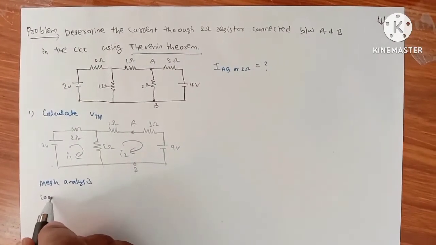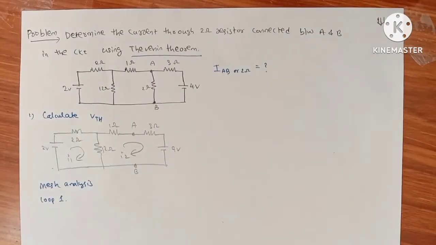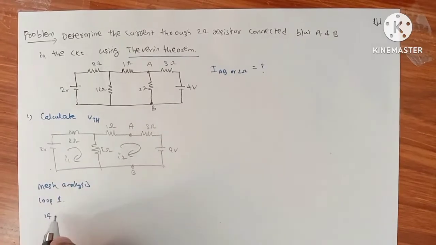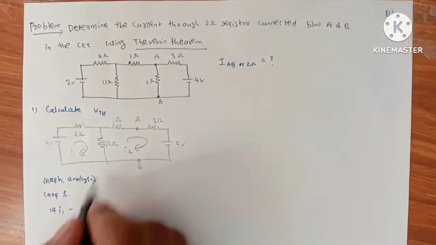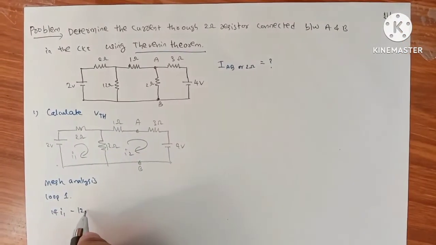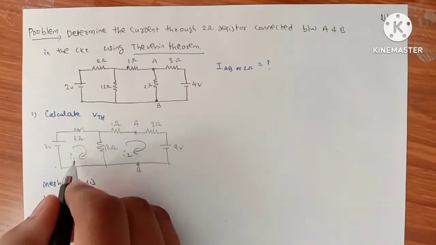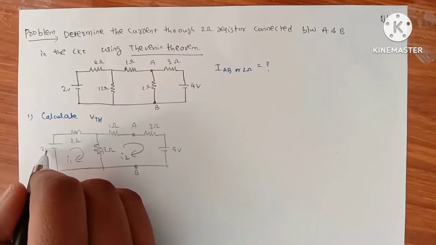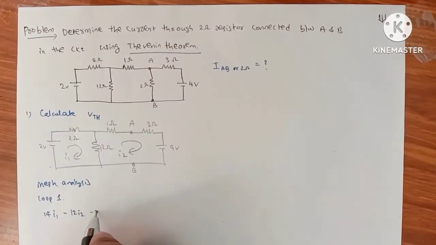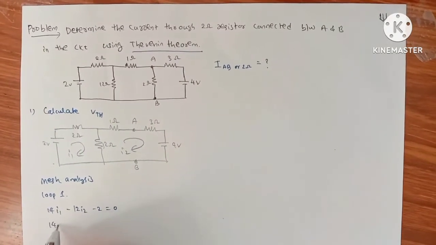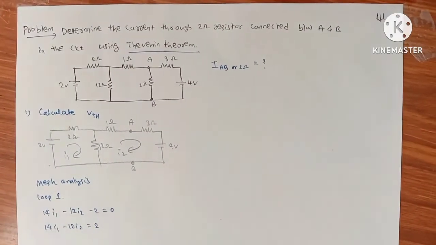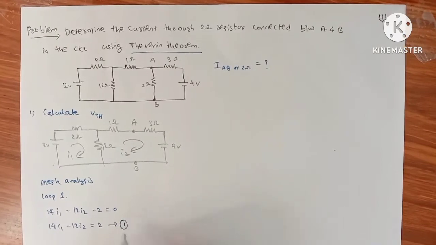At loop 1: 14 ohms into I1 minus 12 I2, and here I1 is touching the first negative terminal of 2 volts, so minus 2 equals 0. 14 I1 minus 12 I2 equals 2. Consider this as equation number 1.